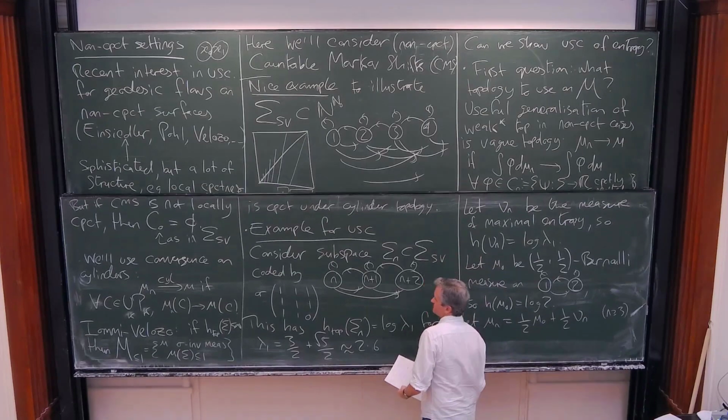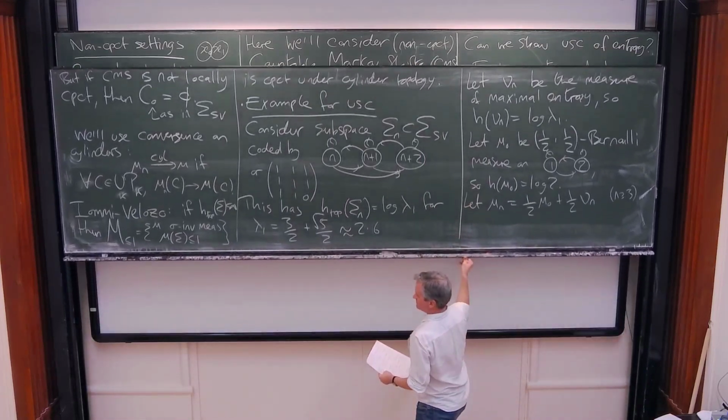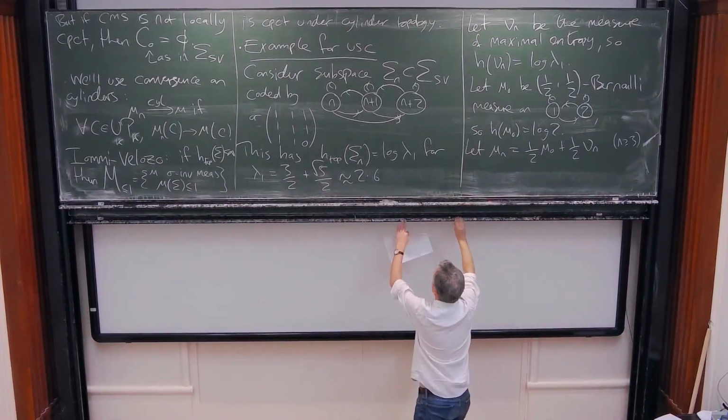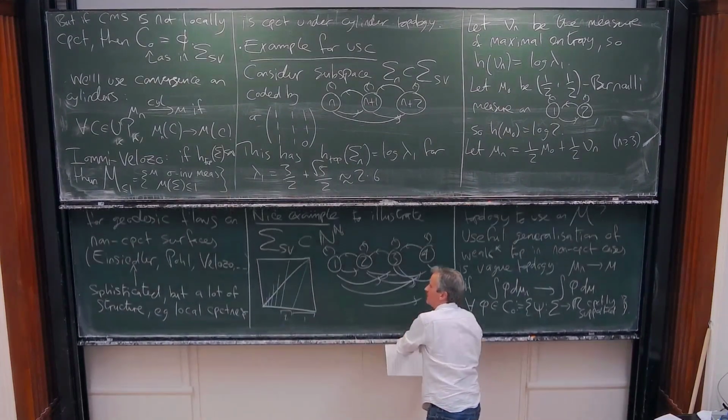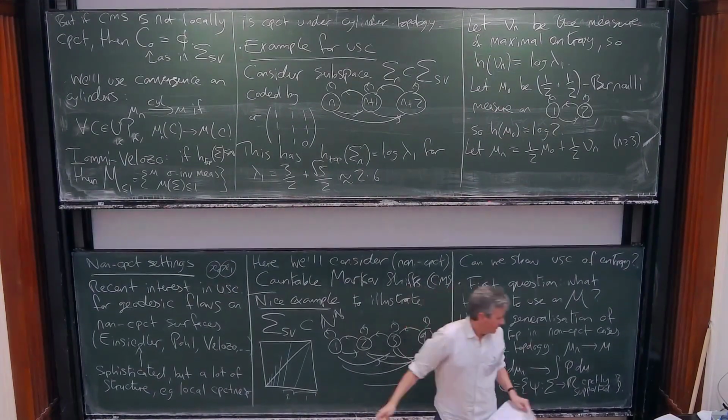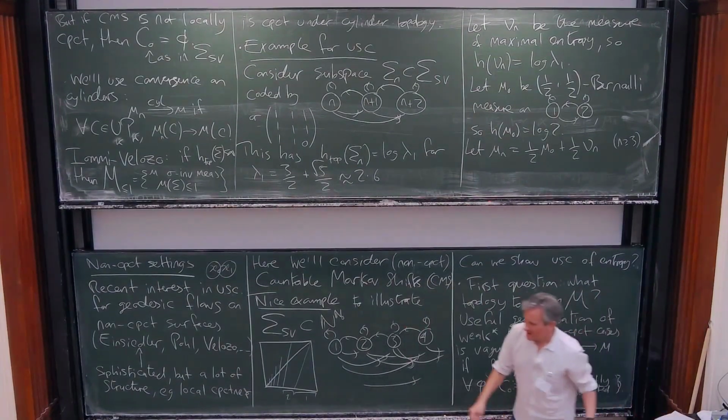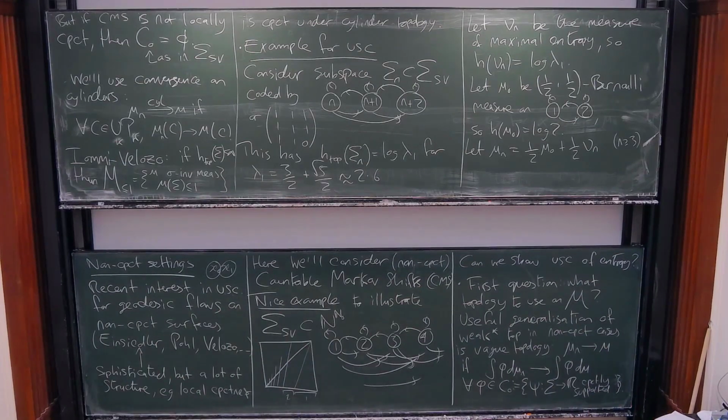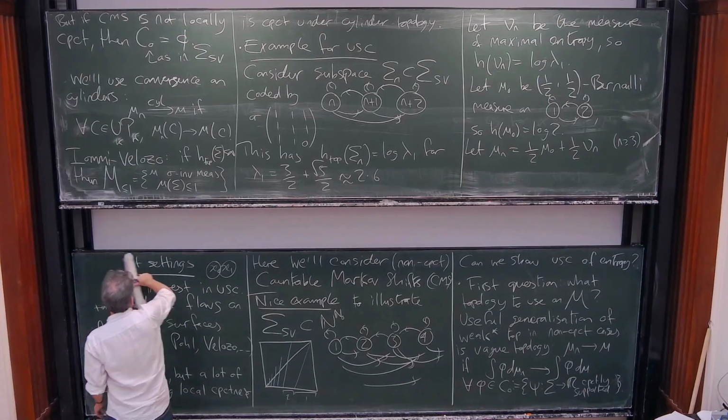So what I want to do, when I've gone through the mechanics of all this, is calculate the entropy of this and see if I can derive upper semi-continuity of entropy.